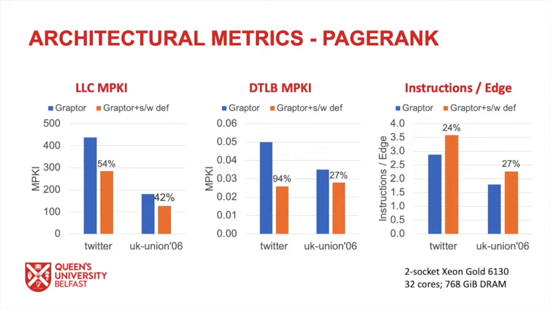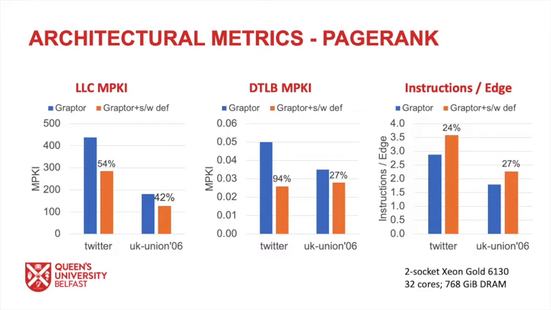The data TLB, which caches address translations from virtual to physical addresses, is also significantly affected. For the Twitter graph, we reduce data TLB misses by 94%, and for the UK union graph by 27%. These are the primary drivers for the performance improvements that we have seen.